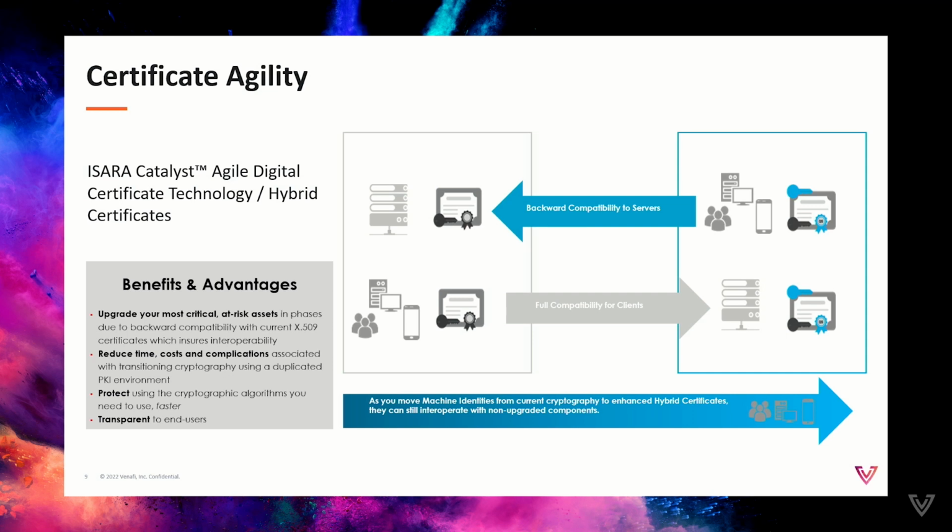But when you want to start to test your infrastructure, we believe that the hybrid certificate methodology from Icera is very, very key. It's an extraordinarily elegant solution with backwards compatibility that allows you to deploy certificates today that have both classical support as well as post-quantum support. And for devices that simply don't yet understand those extensions, they have the capability of ignoring them.